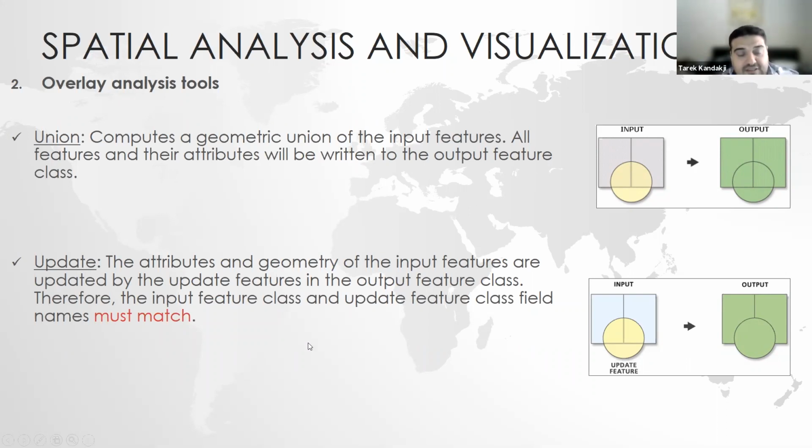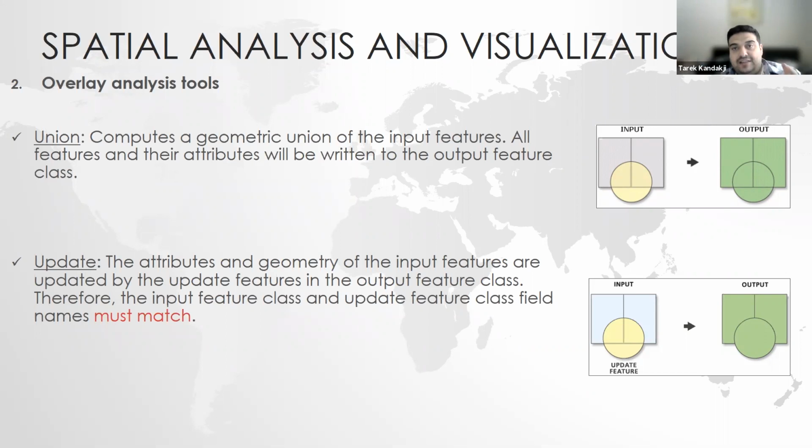The update: the attributes and geometry of the input features are updated by the update feature in the output feature class. Therefore, the input feature class and the update feature class field names must match. Here is a very good example. If you have a country that has a certain border, then they made some new adjustment with the United Nations, and they added a new territory for that country.